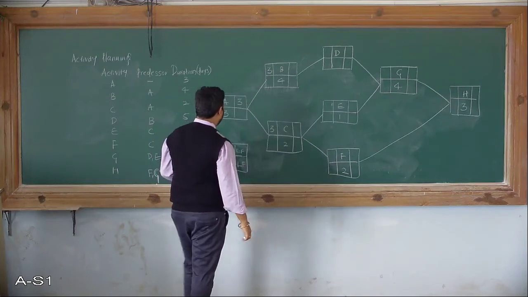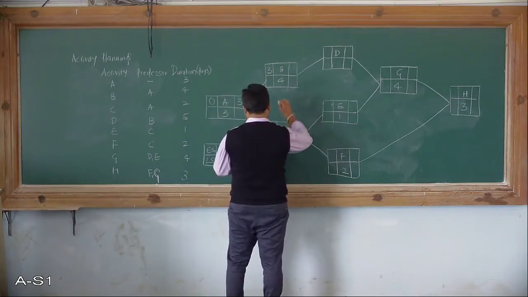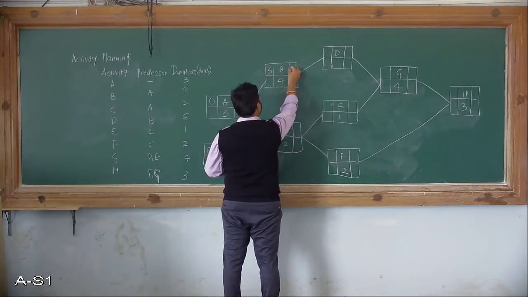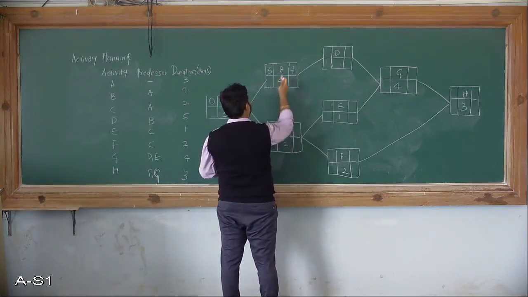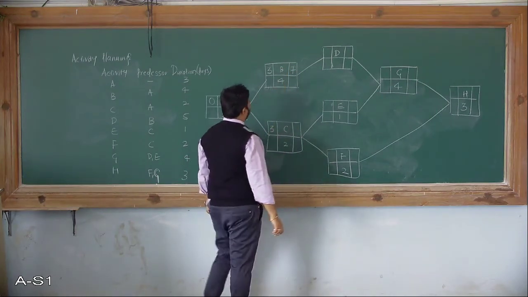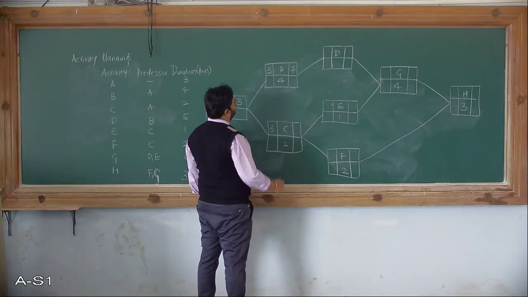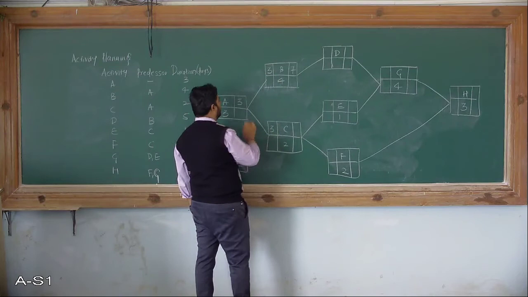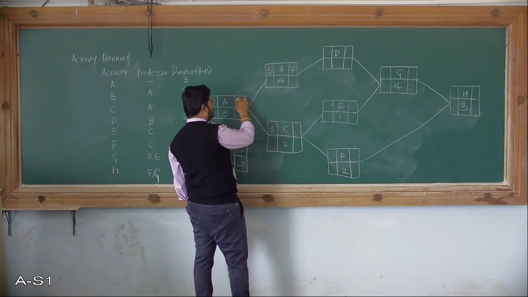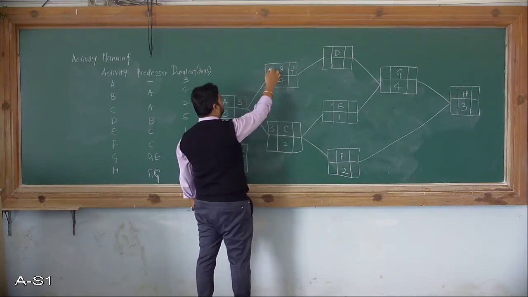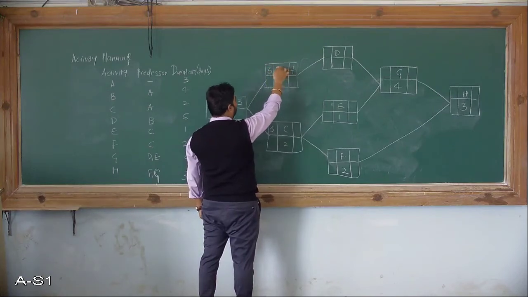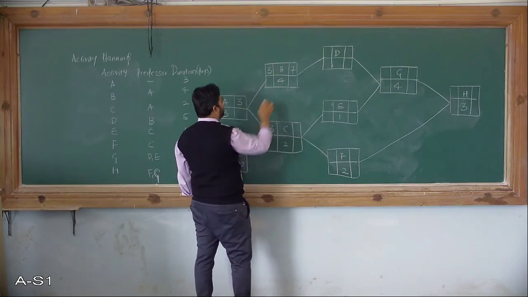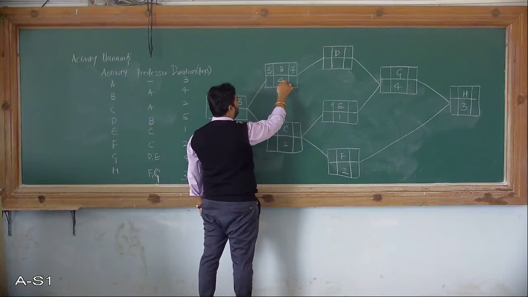Fine. Then 3 plus 4 is 7. What it indicates is that after completion of A, you are going to start with B and C. So when A finishes after 3 days, that becomes the early start for activity B and also for C. The duration allocated to activity B is 4.